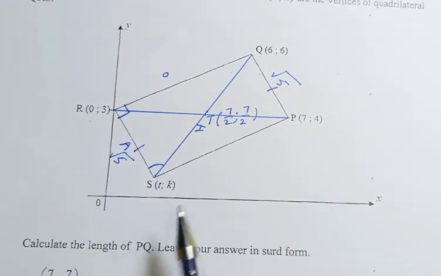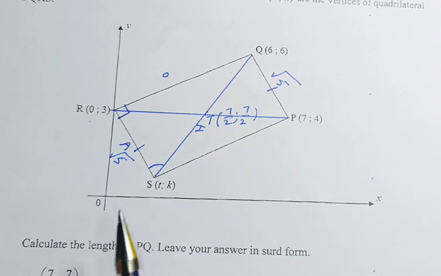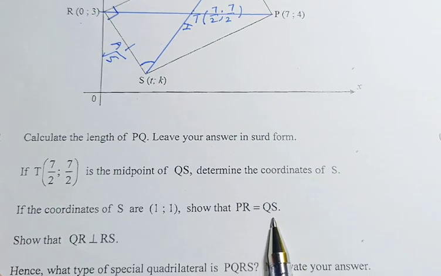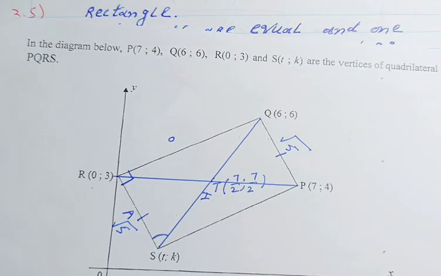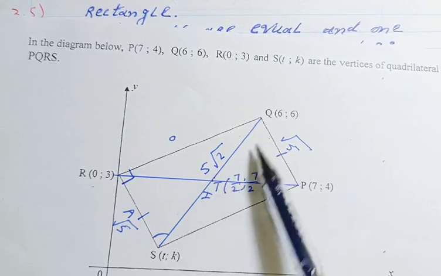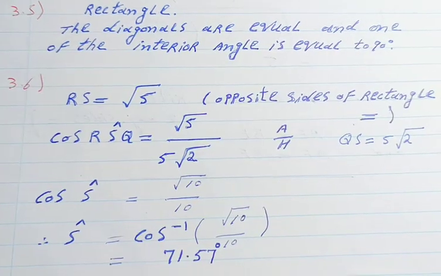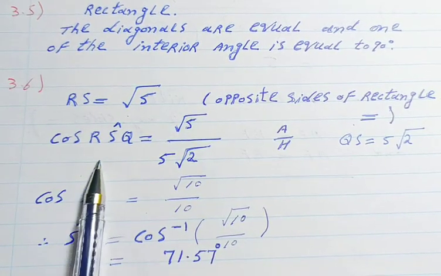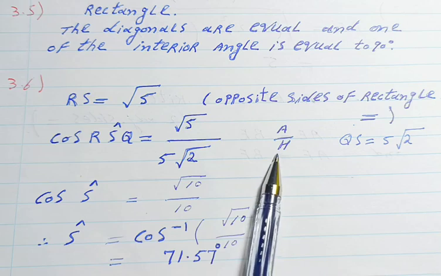So if PQ is 5 square root, then RS is also 5 square root. And now we also need, because of the cos, A and H. We need QS. So remember earlier we found the QS here. The length of QS, which was 5 multiplied by 2 square roots, we found earlier through the distance formula. So now this becomes cos, we're looking for angle S, so A over H, adjacent over hypotenuse.